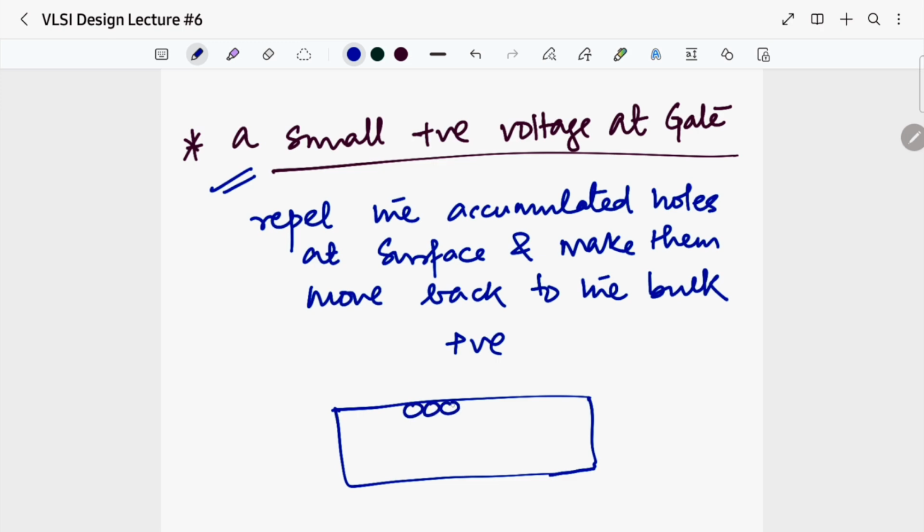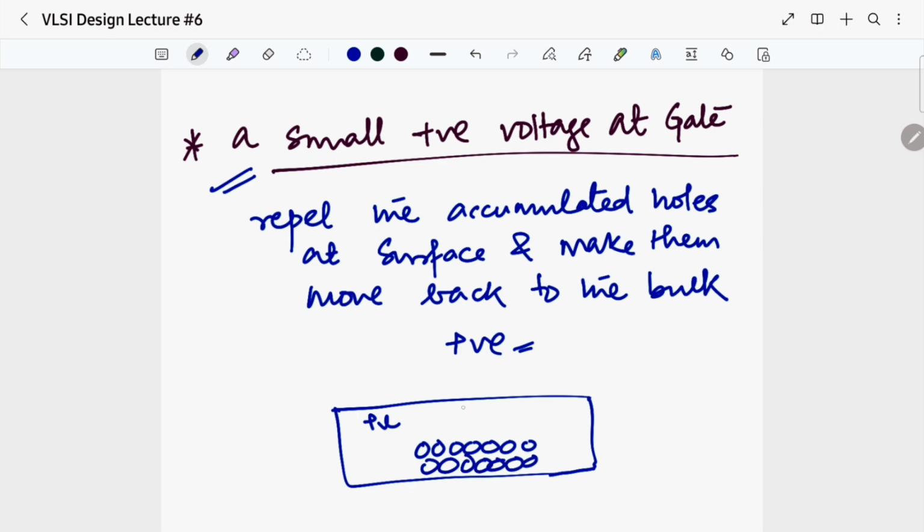All the accumulated holes were here at the surface. This is positive, what will happen? Repulsion. And when it is getting repulsed, all the holes are made to move to the bulk of my substrate.